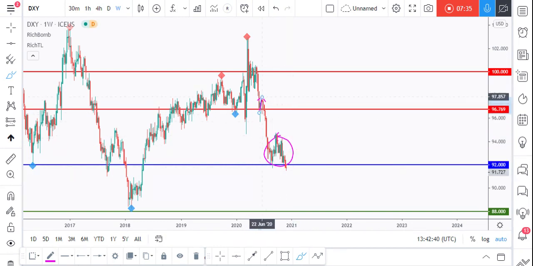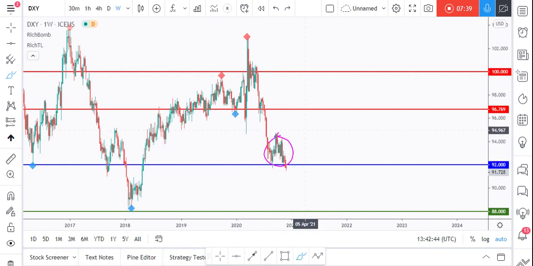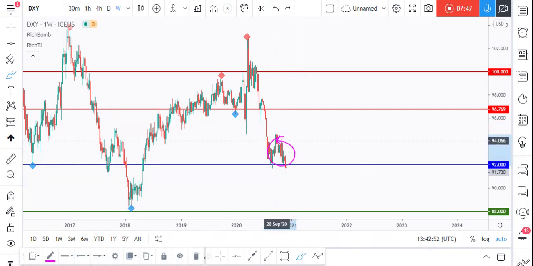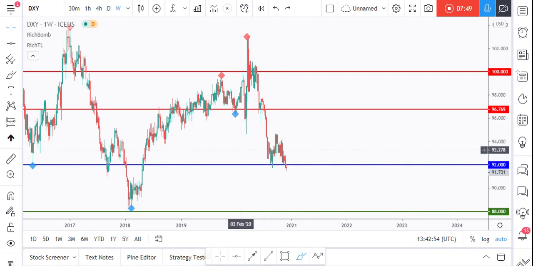As you see, small corrective, but around here, price seems undecided, and the buyers aren't taking control and the sellers aren't able to push price lower, which confirms that price is sitting around a potential support.